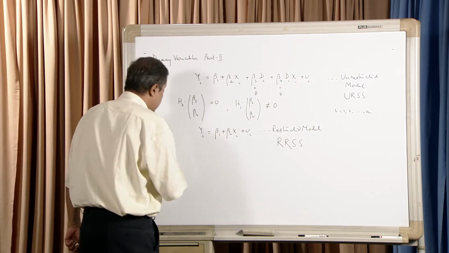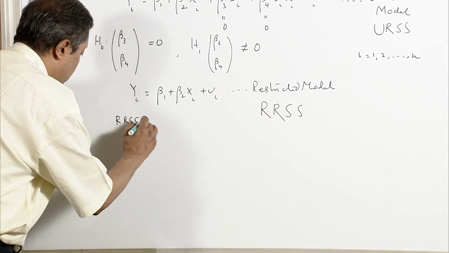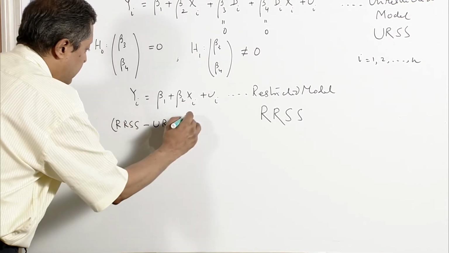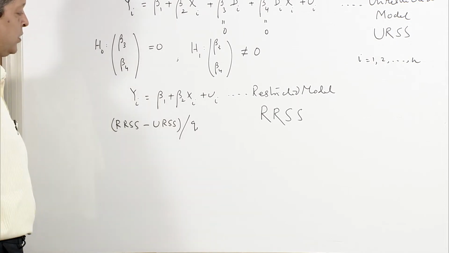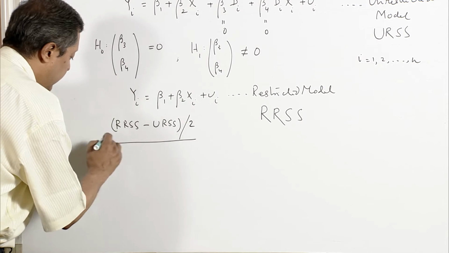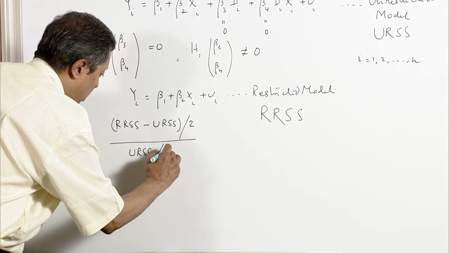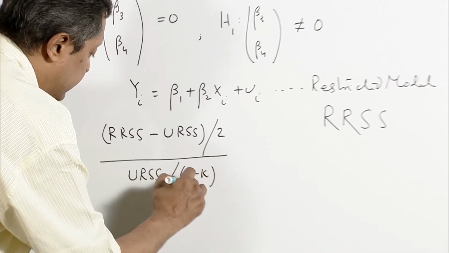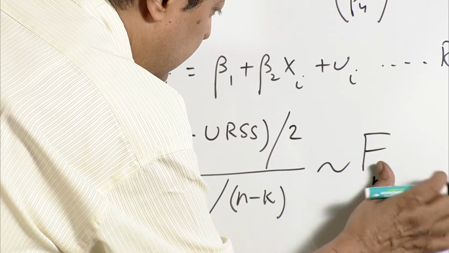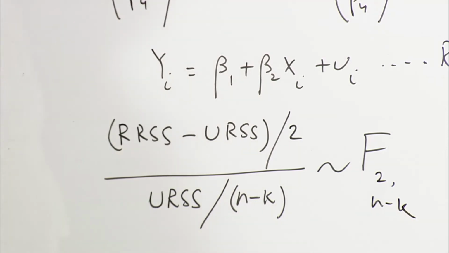So, what we can now do is we can write restricted residual sum of squares minus unrestricted residual sum of squares divided by q, the number of restrictions. And what is q? q is 2 here, divided by unrestricted residual sum of squares upon n minus k. That follows F with 2 and n minus k degrees of freedom.